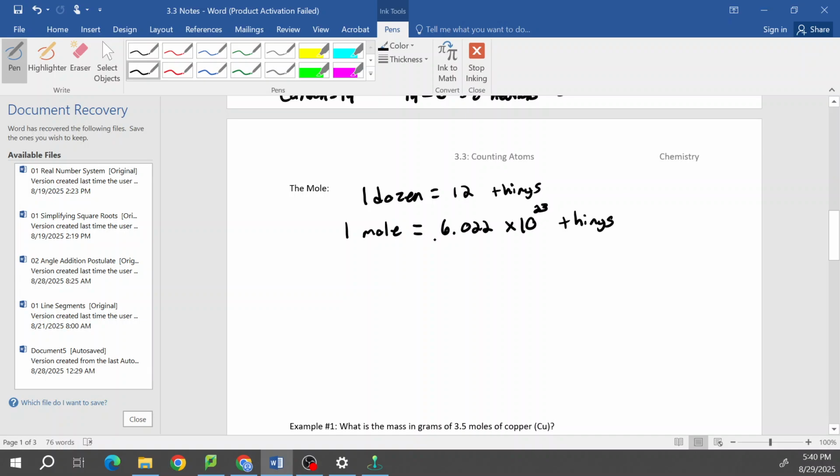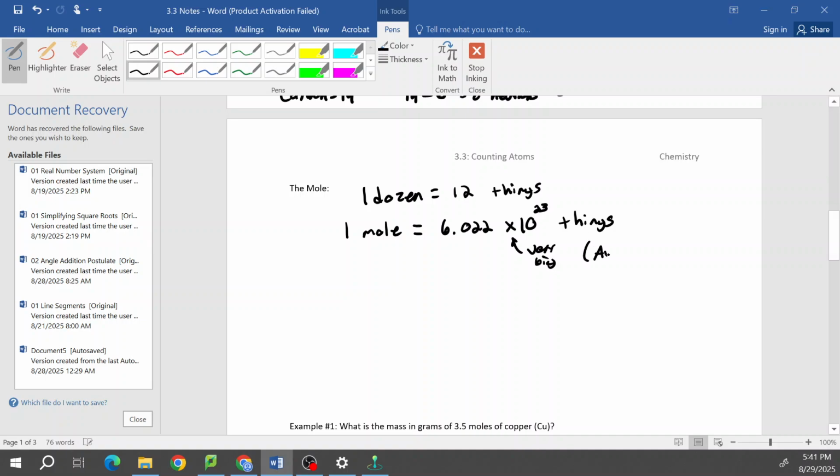This is a very, very big number, and it's supposed to be a big number. The reason it's a big number is because, again, atoms are so small that I need to count a lot of them to really make any sizable quantity. So a mole is a really big number. It has a name, this number.